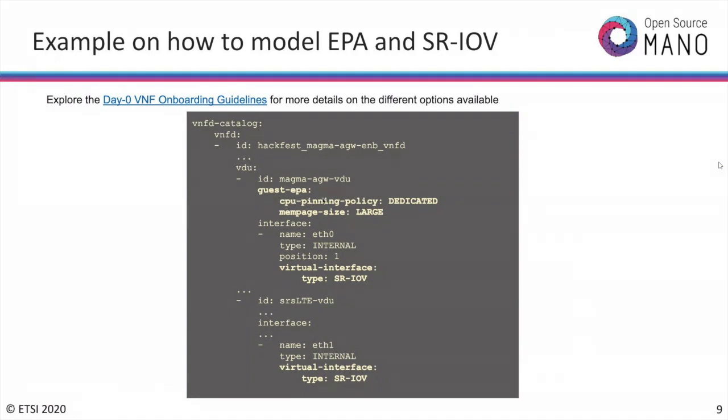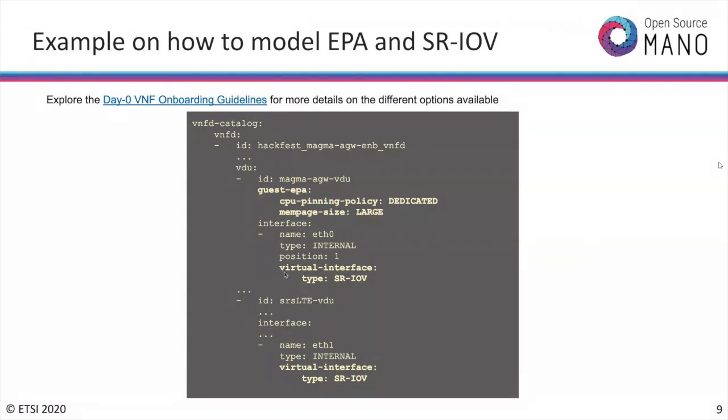That is, each CPU will be pinned and will not be dynamically distributed through the life cycle of the virtual machine. Mem page size, if you put large, then you are using the large or huge pages pool of the server.